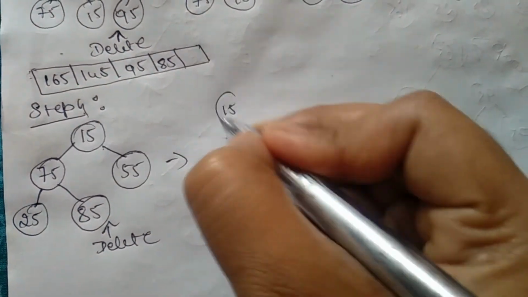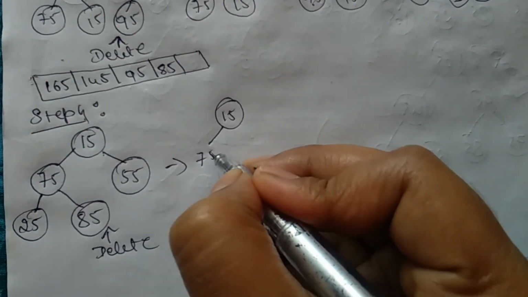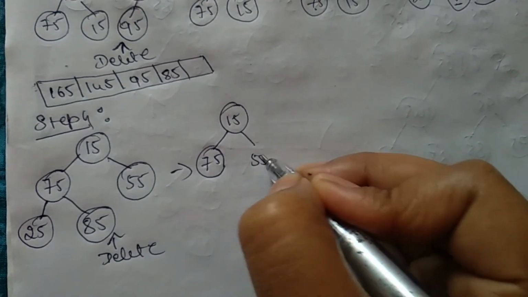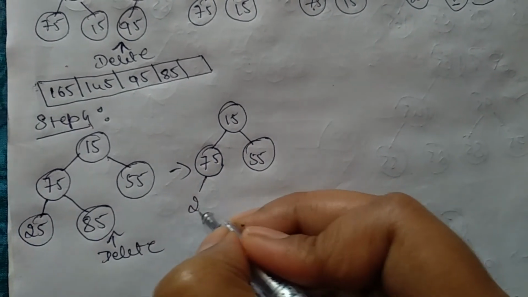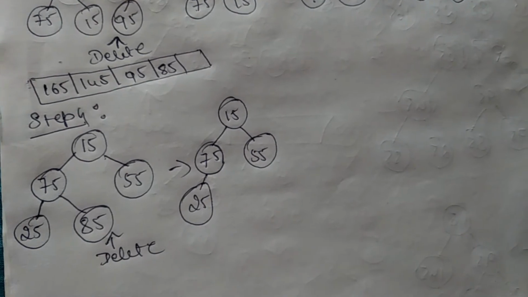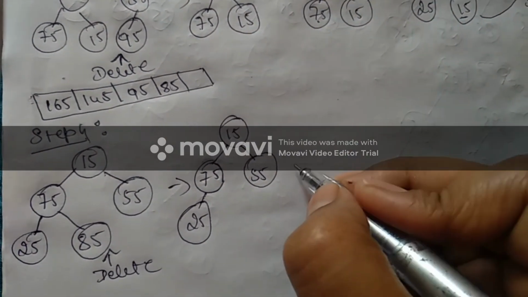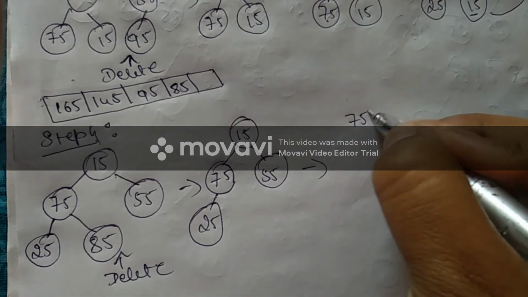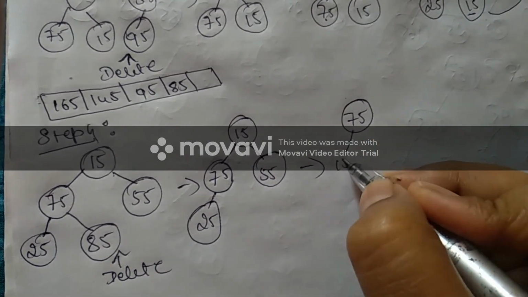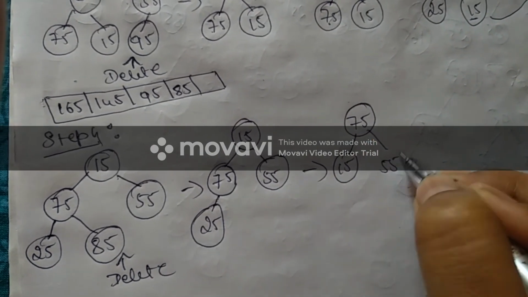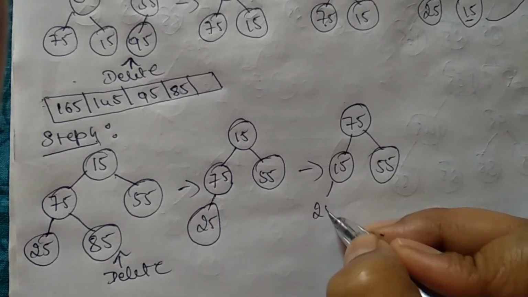After deleting, I am left with 75, 55 and then 25. Again parental dominance, 75 and 55. So 75 is greater, I'll keep it. In place of 75, 15 will come. Then here 25.